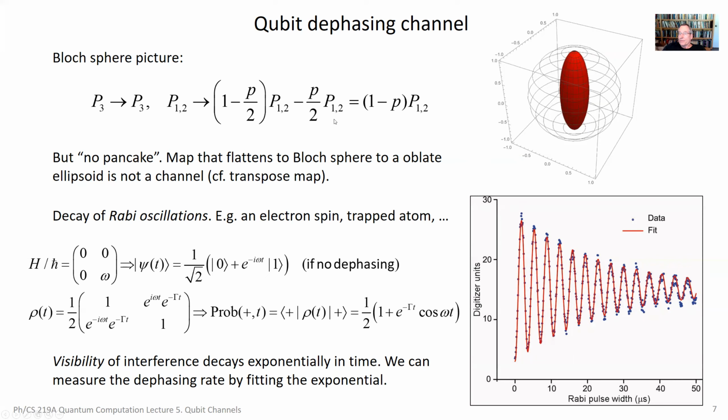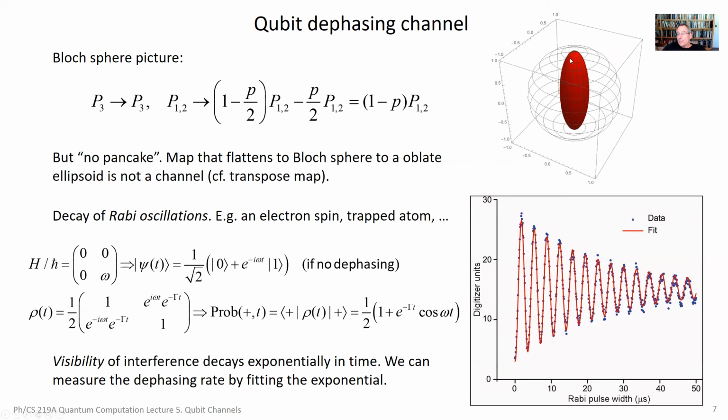But with probability p over 2, that component flips. X goes to zxz. And so you put together those two contributions, and for either the x or y polarization, or the 1 or 2 component of the polarization vector, it gets depressed by the multiplicative factor 1 minus p.